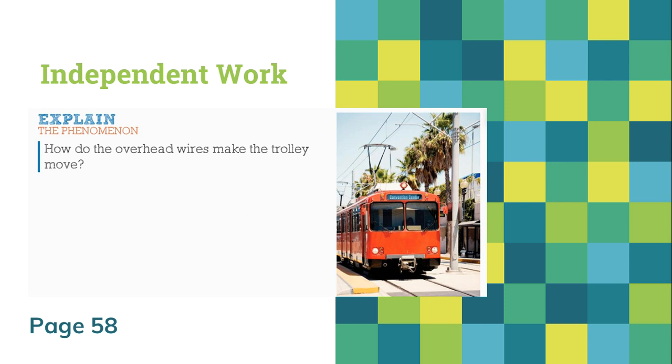If we don't remember that well, you may go back to that activity. How do the overhead wires make the trolley move? You have a lot of space right there, so you can develop your ideas, and then I can actually rejoice on reading this. So please don't answer in just two lines.